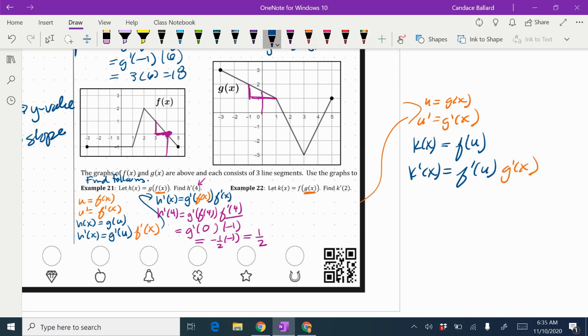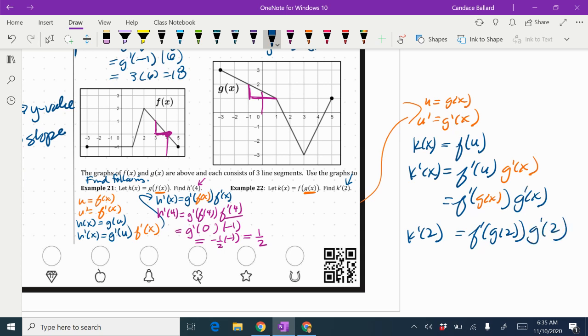And then I need to replace my u, so f prime of g of x times g prime of x. We're going to go ahead and plug in the 2, so k prime of 2 equals f prime of g of 2 times g prime of 2.